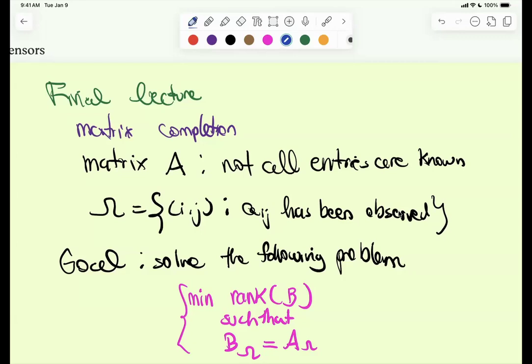So again, the setup is that imagine you have a matrix, and maybe you have access to all the entries but you don't want to use all of them, or maybe you don't have access to all of them. One famous example for matrix completion is the Netflix ranking problem, where the rows refer to the users and the columns refer to the movies.